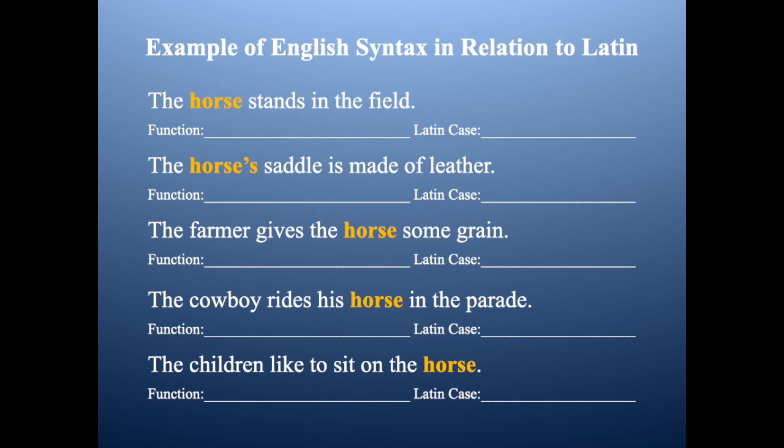So what we have is endings that will tell us the 5 functions, both singular and plural. The Latin word for horse is equus. Take the us off of it, EQU is actually the base, and we're going to add endings to those to tell the functions singular and plural.